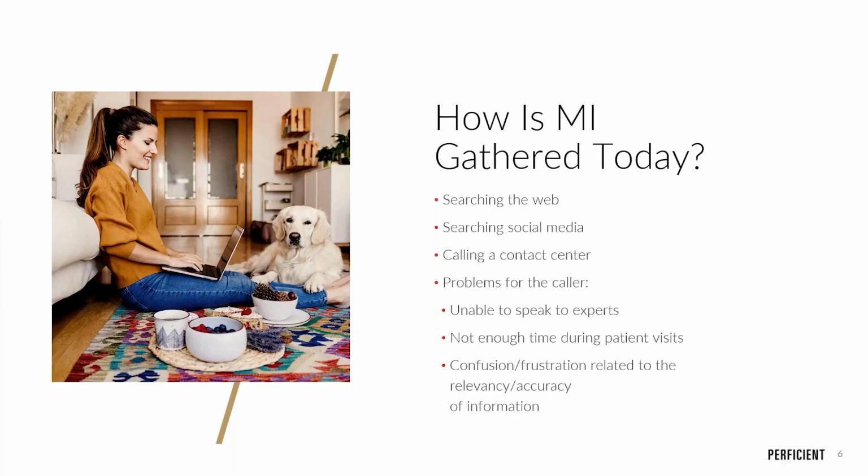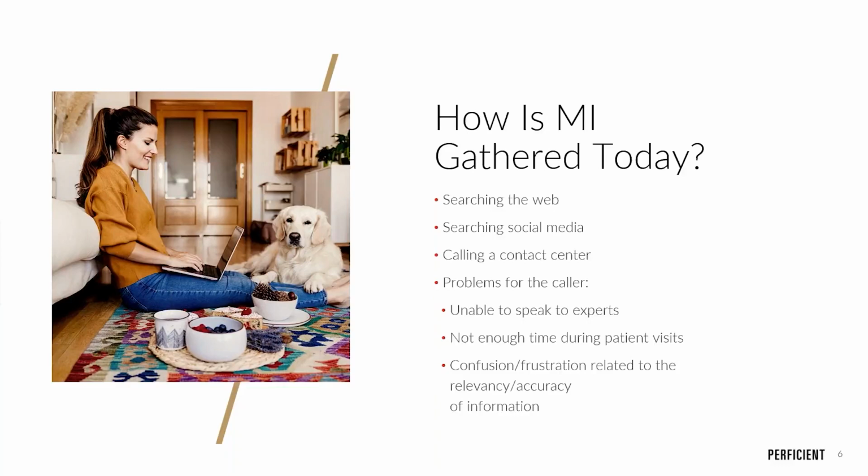But how do people get their information today? They can search the web, certainly, social media, and FDA is starting to dip their toe in researching social media and monitoring that. They can ask people. They can call the contact center. But with each of these sources of information, there are some problems.